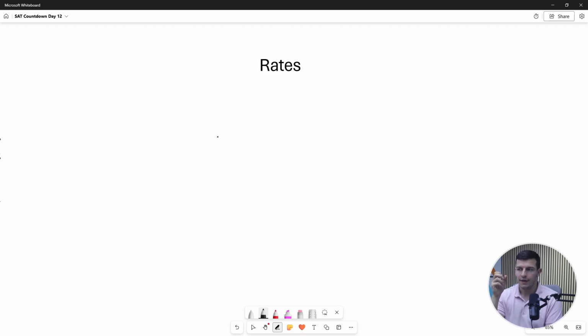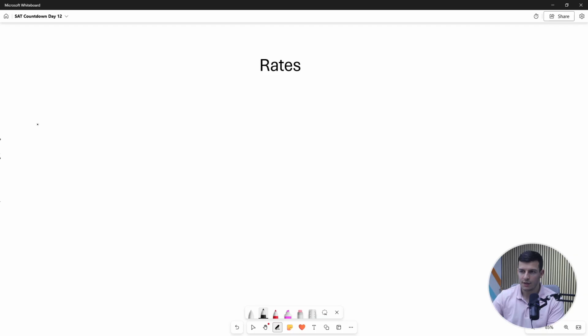Rate, you can also be familiar with if you have done calculus and talked about the rate of change, and it might get a bit confusing if you're trying to compare this wording to that. But rate is much simpler in SAT. Now, SAT usually tests rates in two main ways.